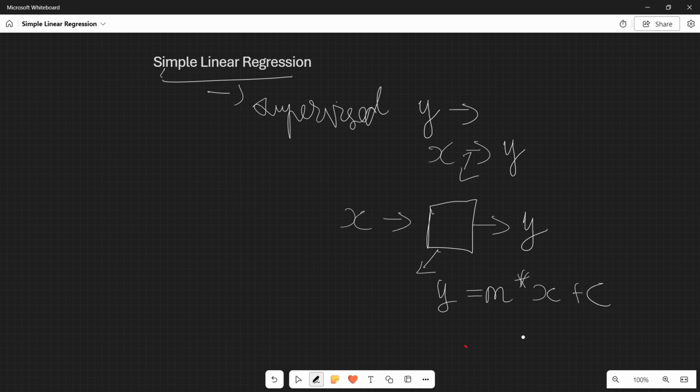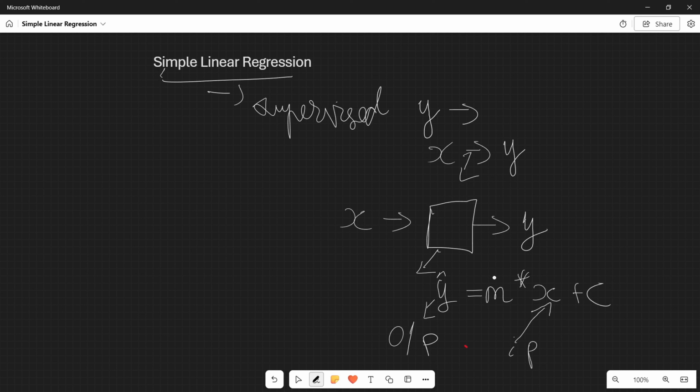Our independent feature x is the input, and y is the dependent feature that comes out as output. We can also call it y hat, which is the predicted one.